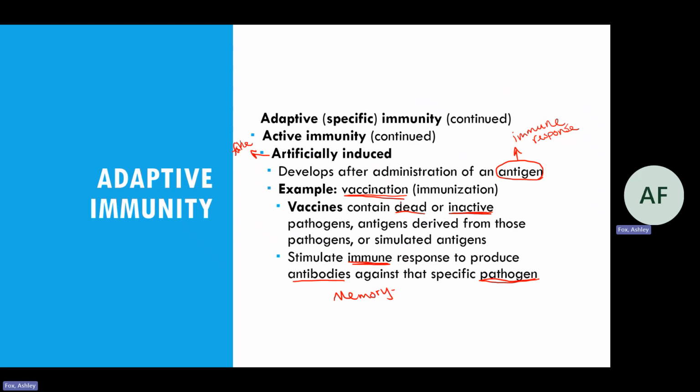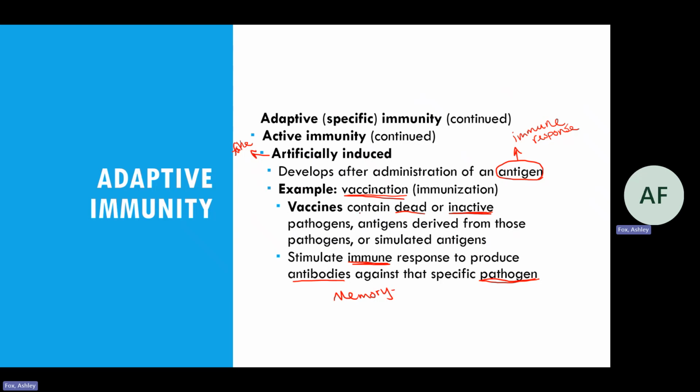So people say that after they get a vaccine, they have the disease or they have the condition or symptoms. Well, the symptoms that you're seeing are because your immune system is stimulated. It's because your immune system is actually being activated.